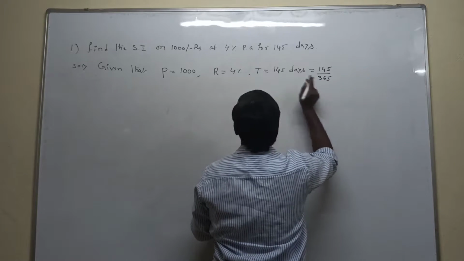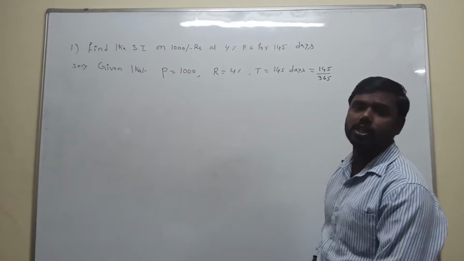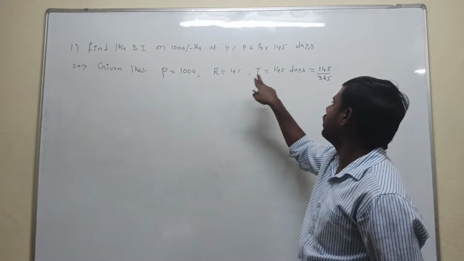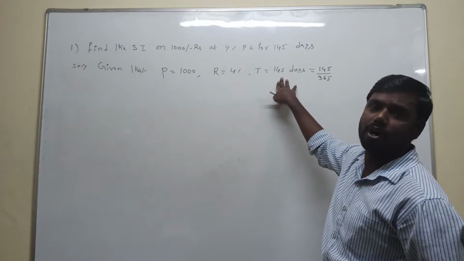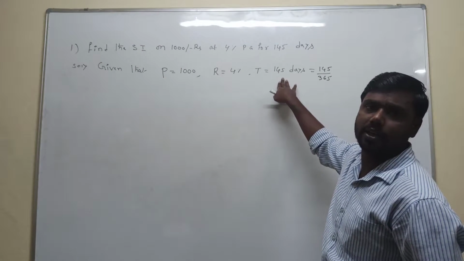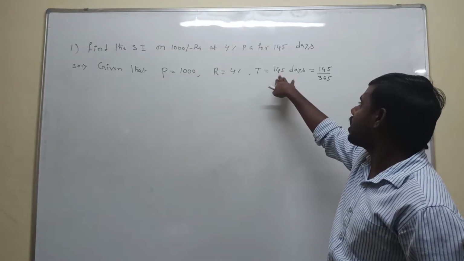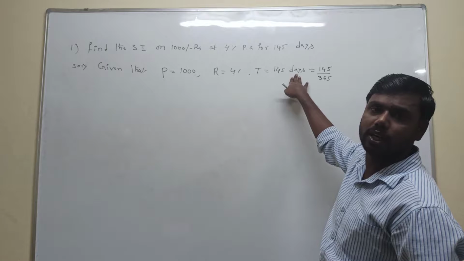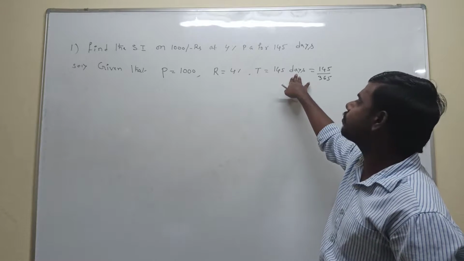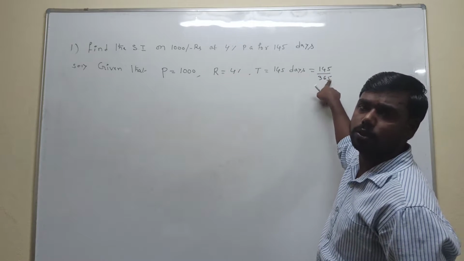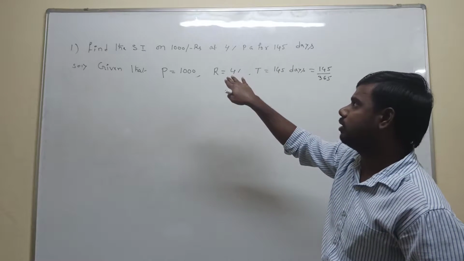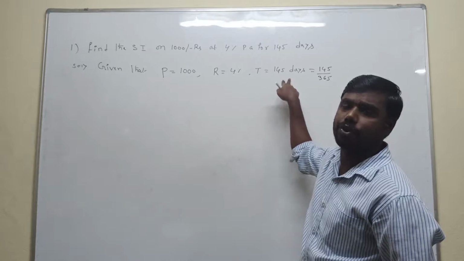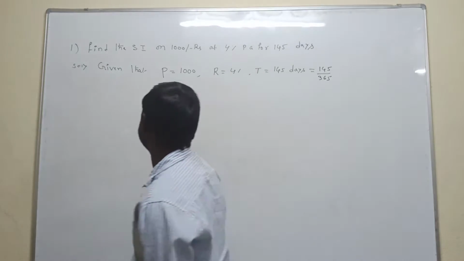We are calculating only per year simple interest, and it is given only for 145 days. They gave the principal amount, rate of interest, and time. We need to calculate simple interest.